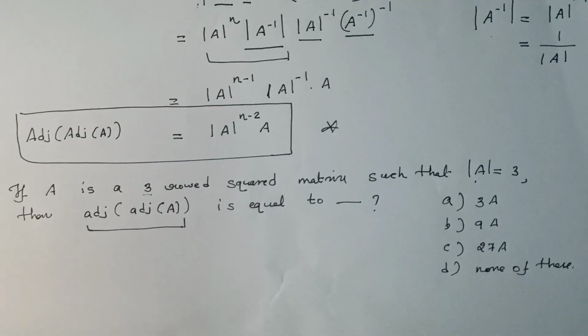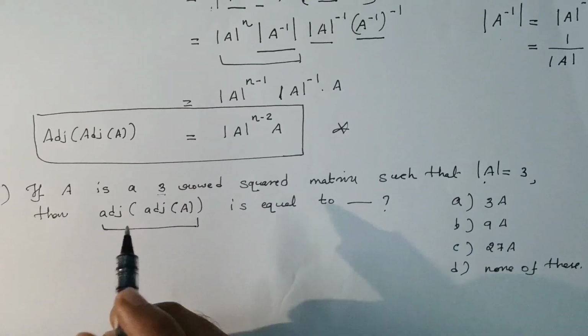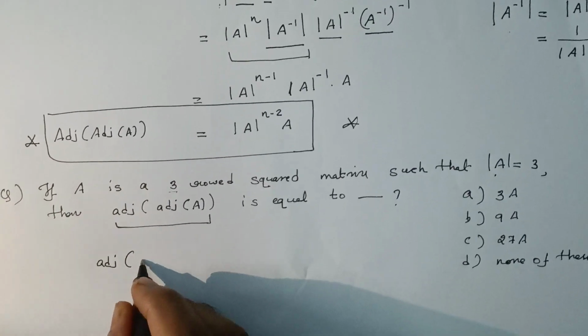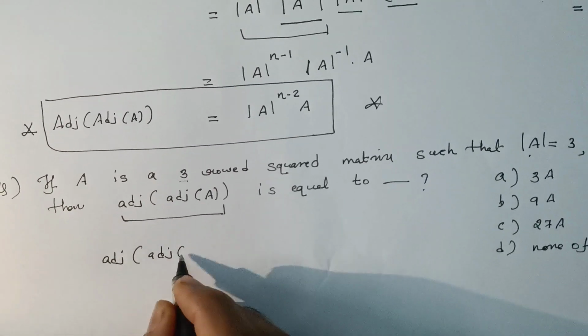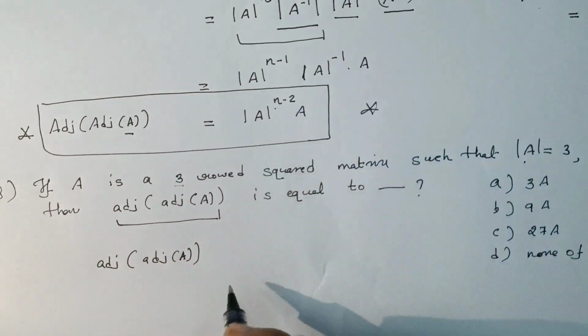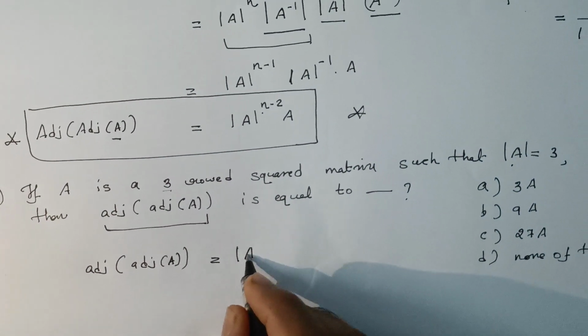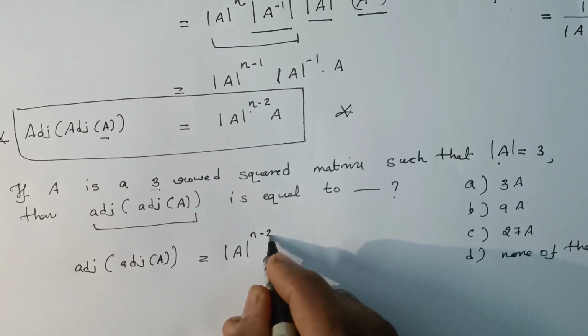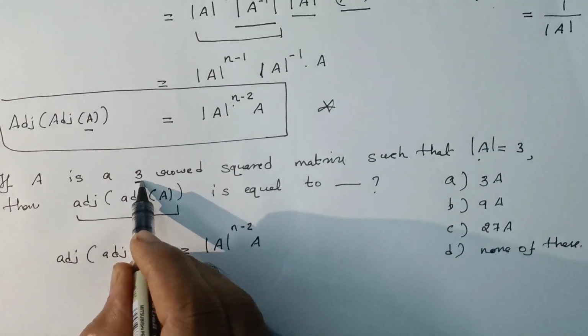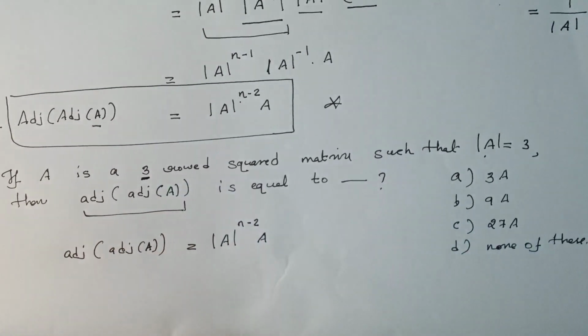Four options are given. We know that by using this property, the adjoint of A for a square matrix of order n is given by determinant of A raised to n minus 2, into A. For this question, the order of the matrix is 3.